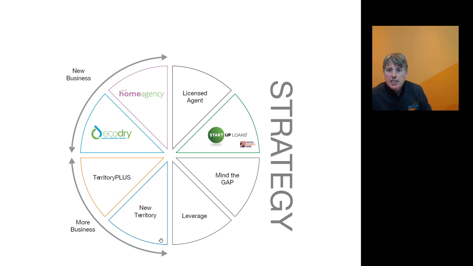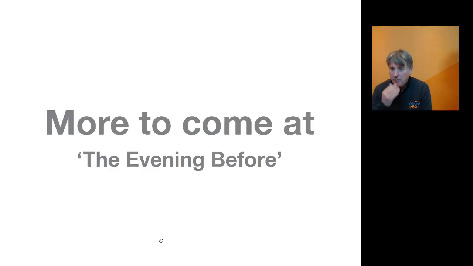So to summarise, this is the Trivial Pursuit wheel of strategic options, which is open to our franchise partners, and this is what we'll look at in a little bit more detail round the table the evening before, putting some numbers onto the possible scenarios, having some spreadsheets out, trying to use it as a productive strategic business planning session, and trying to add value to what it is that you do.